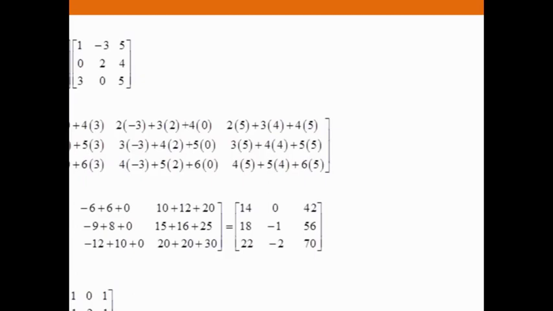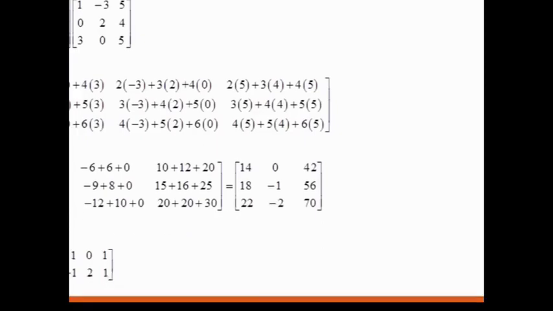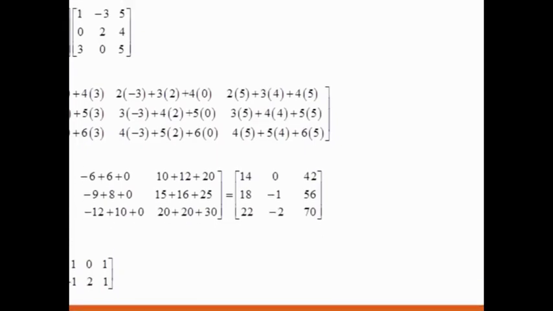Then third row with second column is 4 into minus 3, 5 into 2 plus 6 into 0. The element coming here is minus 2. Similarly third row multiplied with the third column, that is 4 into 5 plus 5 into 4 plus 6 into 5. It is coming here 70. So this is the solution of this question.